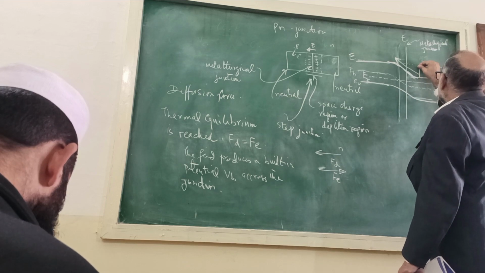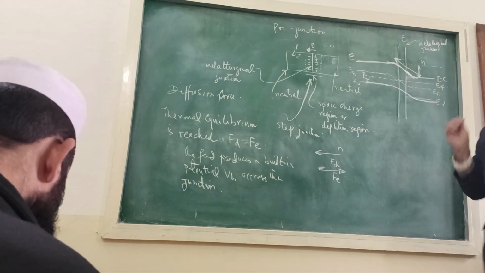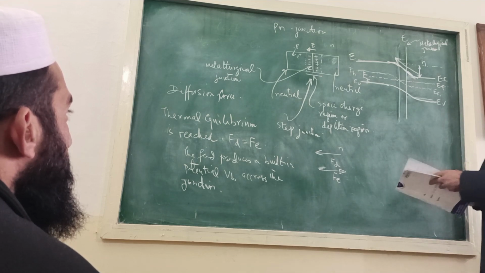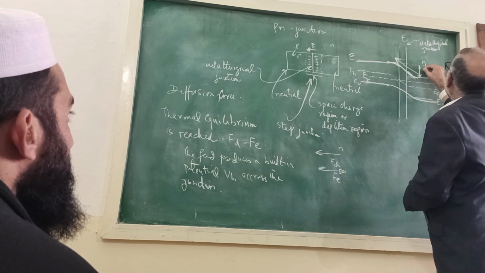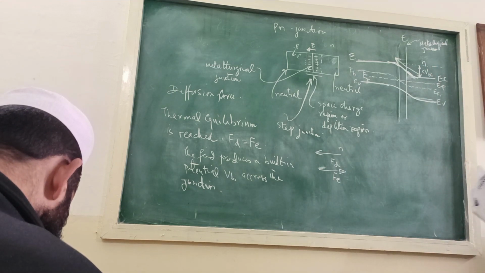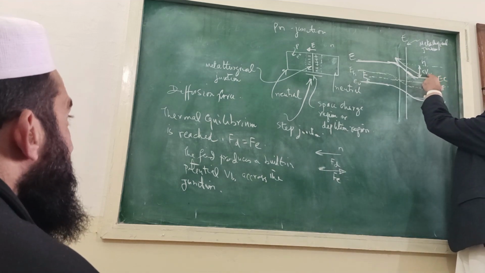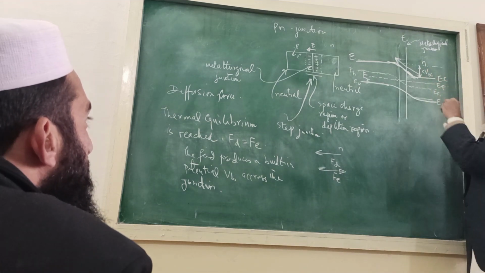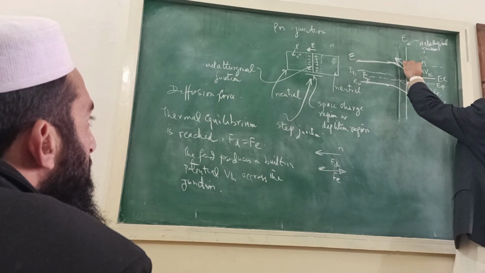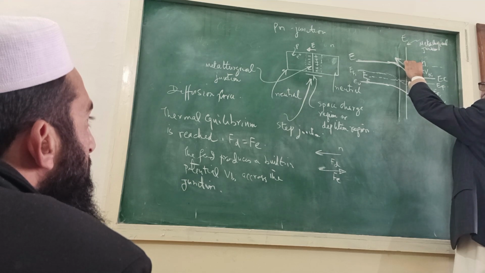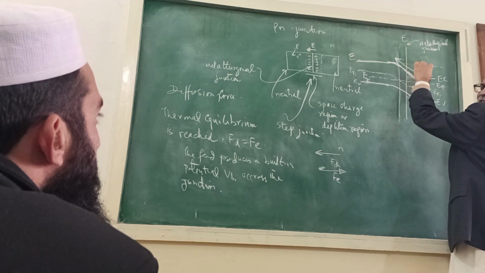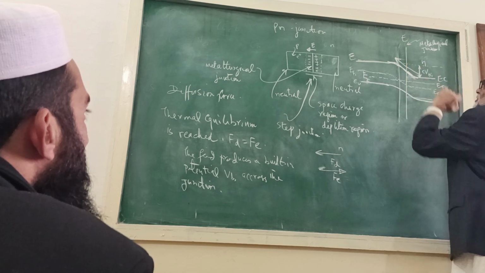This difference is the energy E VBI. VBI is the built-in potential, multiplied by E it makes energy. This is the built-in potential energy.